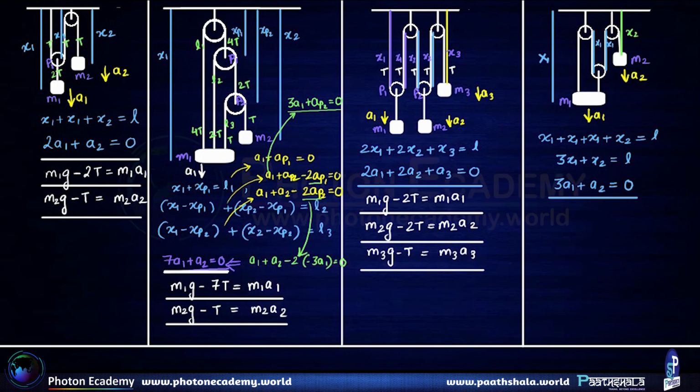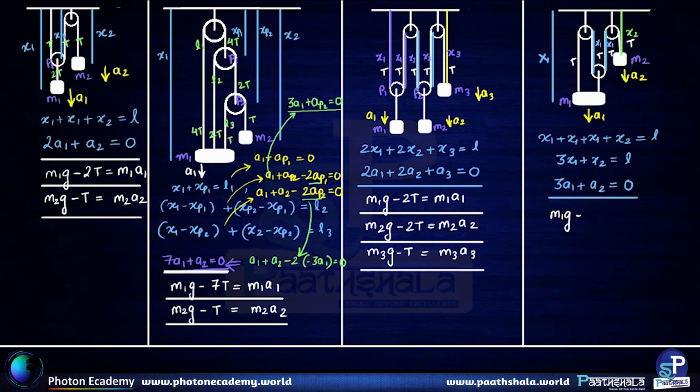The other two equations are Newtonian force dynamical equations. So for the mass m1, we can write m1g minus, okay, so let us say this tension is T, T, T and T. We can see that 3T is effectively acting upwards on the mass m1. m1g minus 3T is equal to m1 a1.